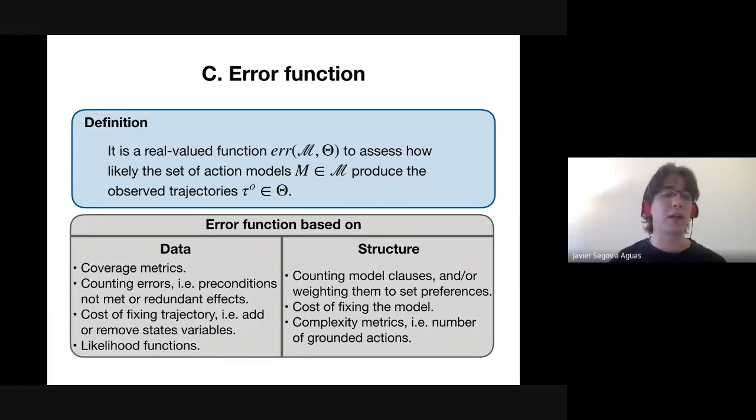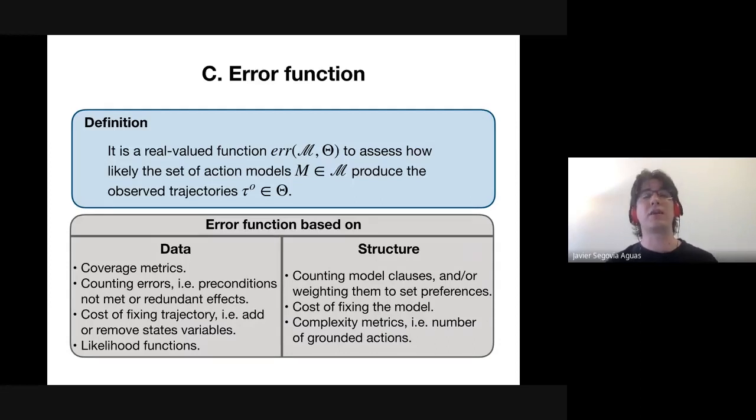In data, we will check things like coverage metrics, counting errors, like how many preconditions are not met during the execution of our models, or redundant effects that include irrelevant information, the cost of fixing a trajectory, for example the cost of removing or adding some state variables, and likelihood functions.